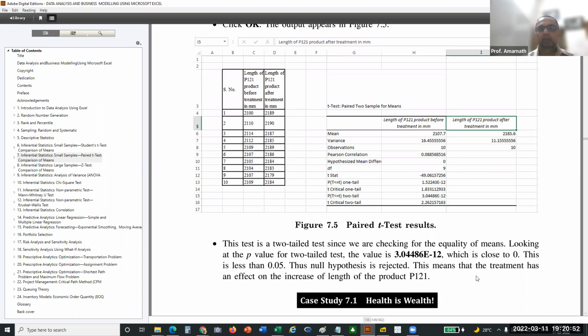Anything you wish to know? Anything you wish to tell me? Any challenges in testing hypothesis? Okay, I don't have any questions.